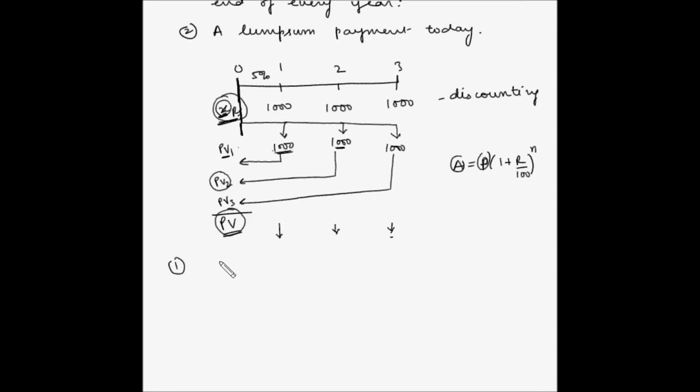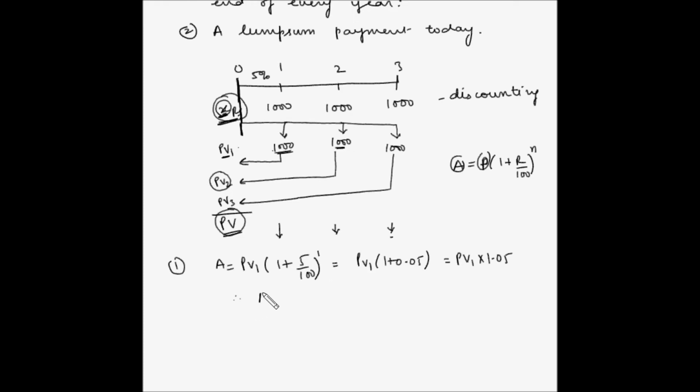So A is equal to PV1 into 1 plus R, which is 5%, divided by 100, to the power n, which in case of PV1 is 1. So this is equal to PV1 into 1 plus 0.05, which is equal to PV1 into 1.05.